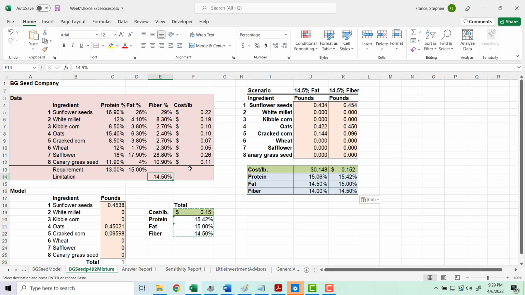Then we had a limitation on the amount of fiber, and again we relaxed that a little bit and made that limitation a little bit higher, allowing a little bit more fiber, going from 14 to 14.5. And again we got another feasible solution, and then we compared the two feasible solutions.